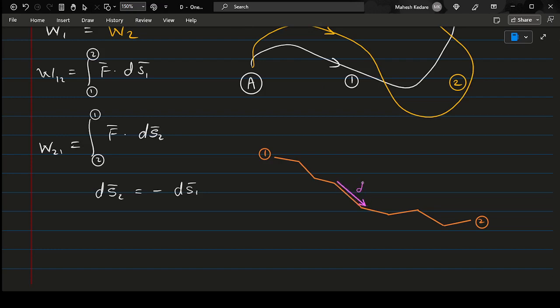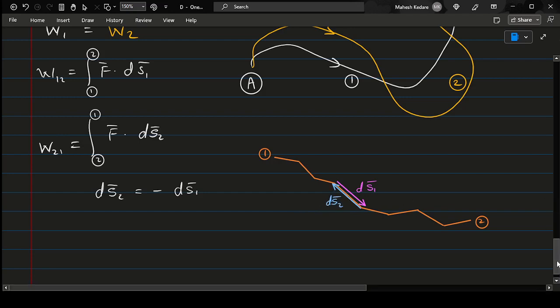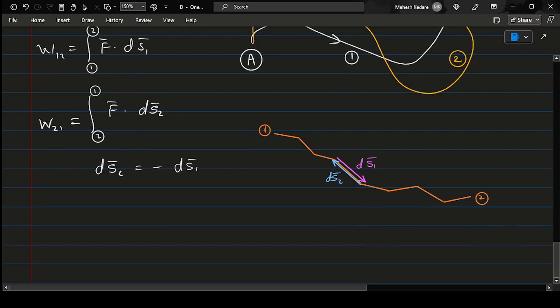While in moving in reverse from position 2 to position 1, the displacement ds2 is opposite of displacement ds1. This is ds2 bar. So, ds2 bar is opposite of the displacement ds1.